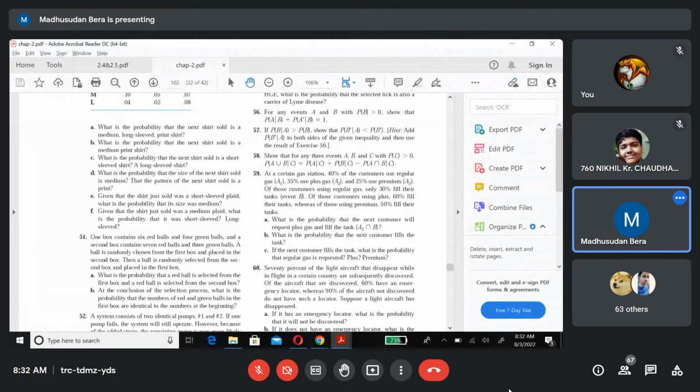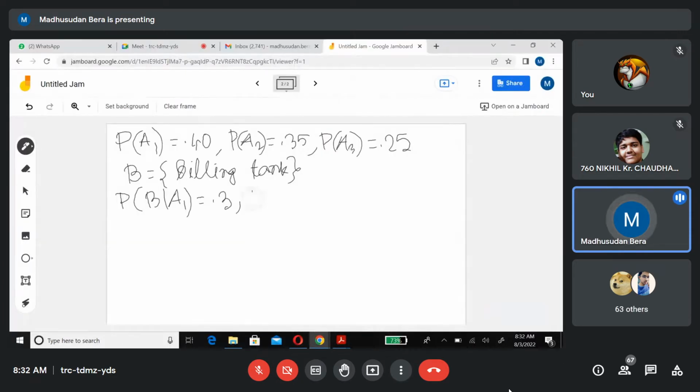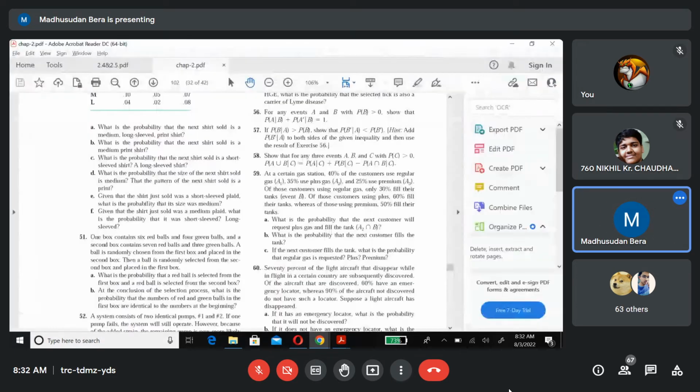Then, of those customers using plus gas A2, 60% fill their tanks. So P of B given A2 is 0.6. Then P of B given A3: of those using premium, 50% fill the tank.